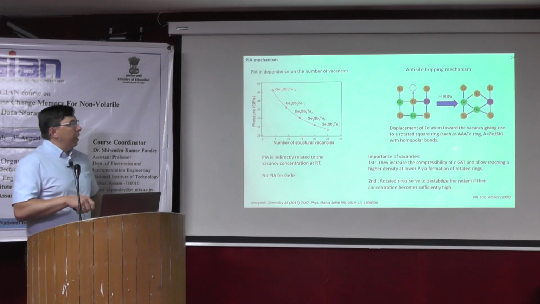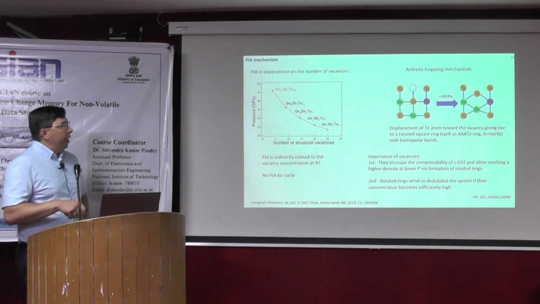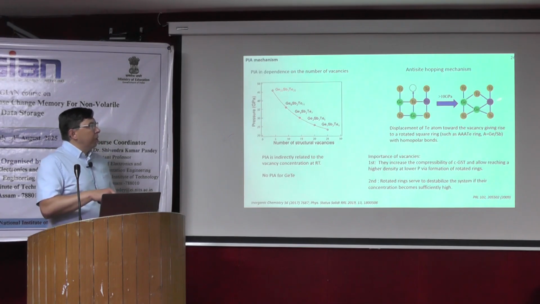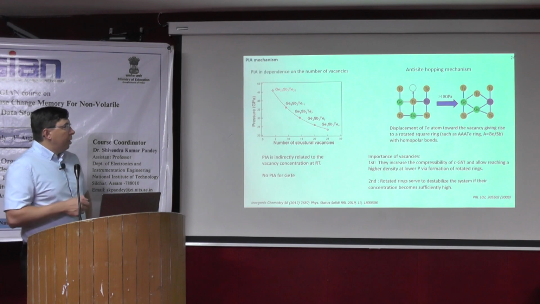So it forms a kind of tellurium ring. Here, this is germanium and antimony, and we have a formation of new bonds, homopolar bonds, germanium-germanium, germanium-antimony, and others. Here we do not have it because tellurium was seated here.